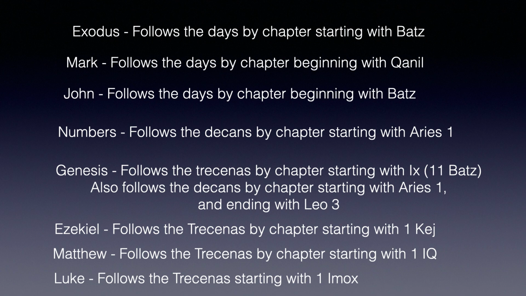Now this is what makes Genesis, in my mind, the cleanest book in the entire Bible. Again, all you have to do is take out all the names or just be honest. But it also follows the Decans by chapter, starting with Aries 1, in perfect order, by the way.